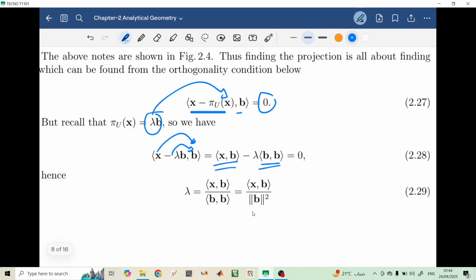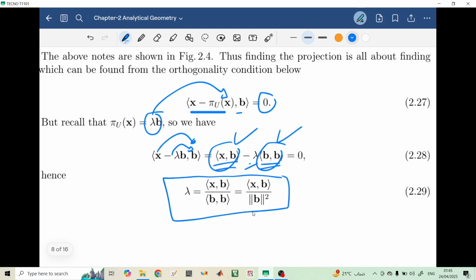Now this is known, and this is known. What is unknown is lambda, so we can solve for the unknown. So we have a single equation with a single unknown, and lambda becomes this nice equation. In the numerator we have the inner product of x with the basis vector b, and in the denominator we have the norm of the basis vector.